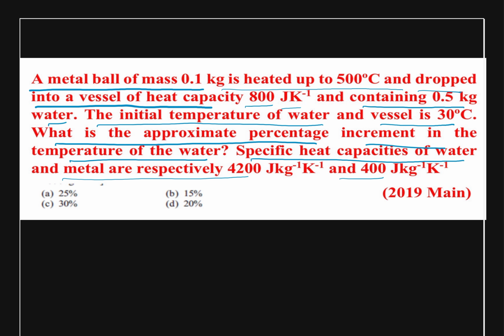So in this case, the metal ball is heated and dropped into water, and the water is stored in a vessel. So you can say the heat lost by the metal will be the heat gained by the water and vessel, that is energy, heat conservation basically.